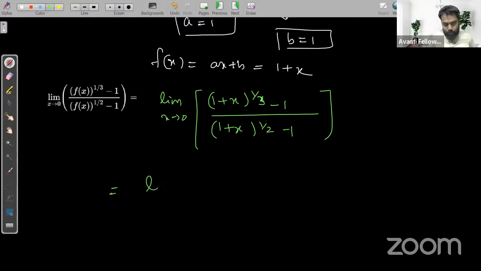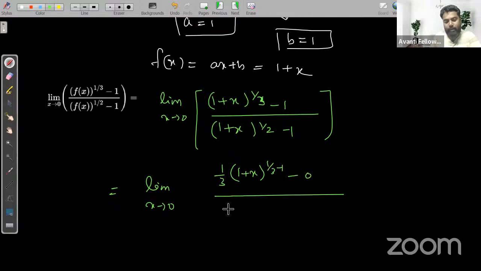So use the L'Hopital rule. The limit as x tends to 0 becomes 1 by 3 into 1 plus x to the power 1 by 3 minus 1, minus 0, divided by 1 by 2 into 1 plus x to the power 1 by 2 minus 1.